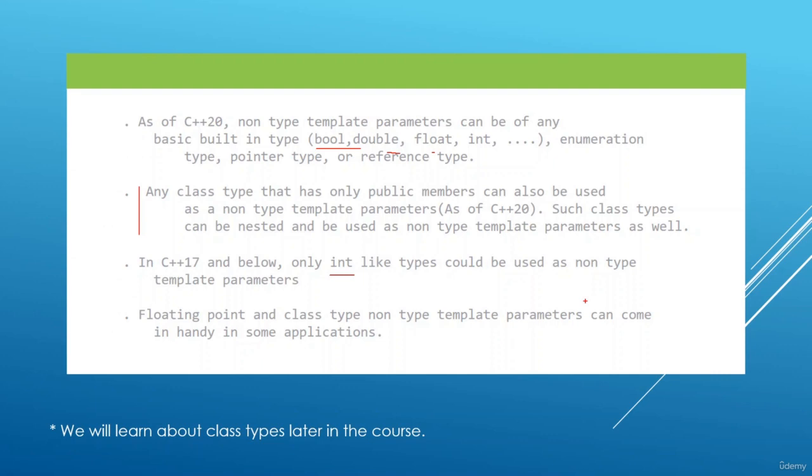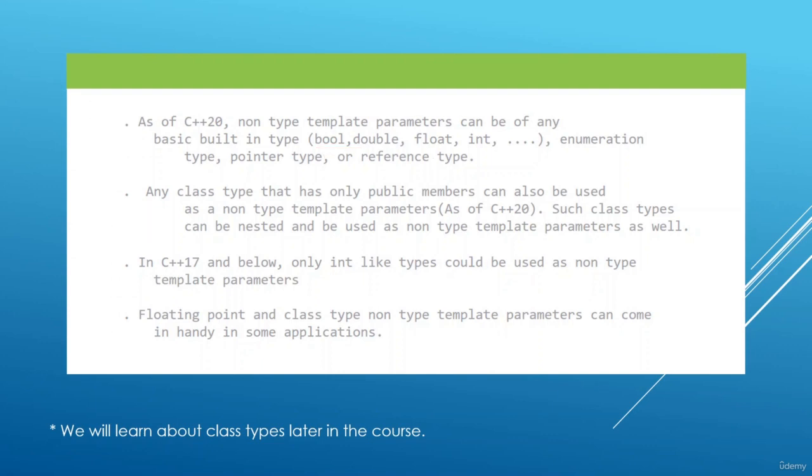Personally, I think that the only types that really make sense for non-type template parameters, at least in the applications I have worked on in my career as a C++ developer, are really integer types. Class types can be useful, but I haven't really found an application of this, so I'm not going to talk any more about this. In this lecture, we're going to try out integer types as non-type template parameters, and I'm going to show you an example of how you can also use floating point types.